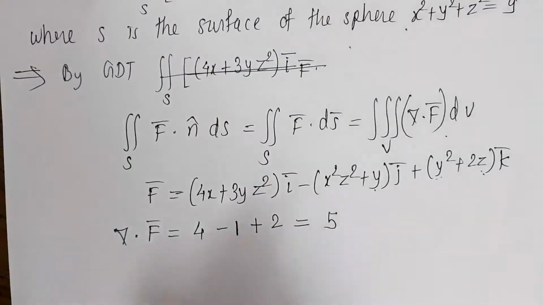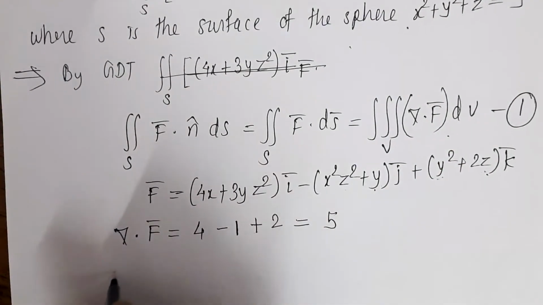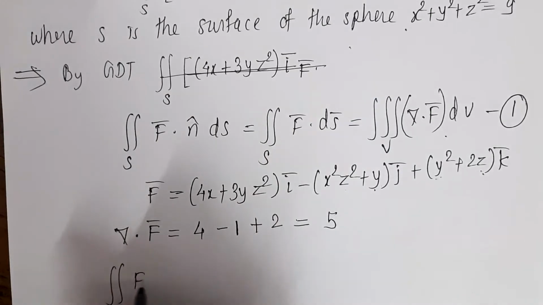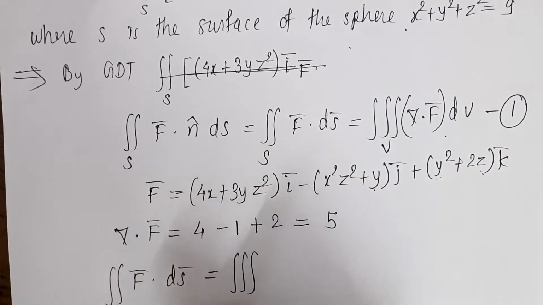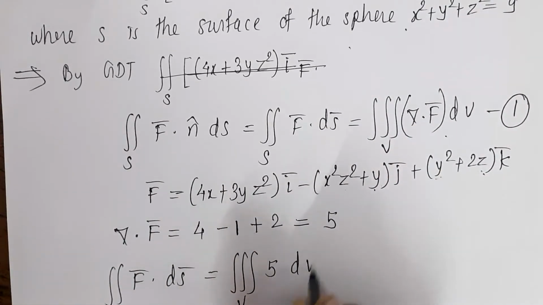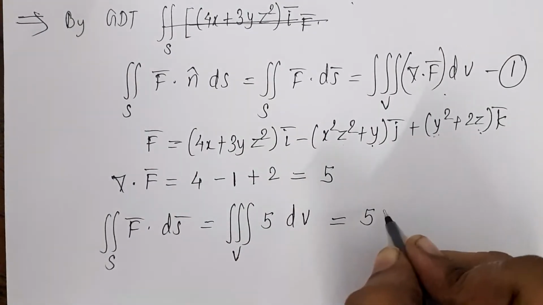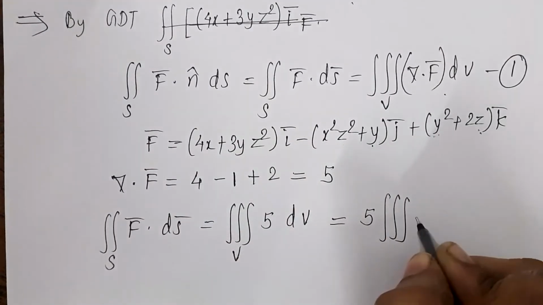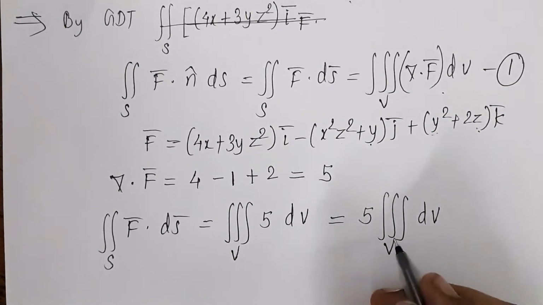Now del dot f is a constant, so substitute this in equation number 1. Double integral over S of f dot dS bar is equal to triple integral over V of del dot f, which is 5, multiplied by dV. But 5 is a constant, so we can take it outside, and it is nothing but 5 times the triple integral over V of dV.